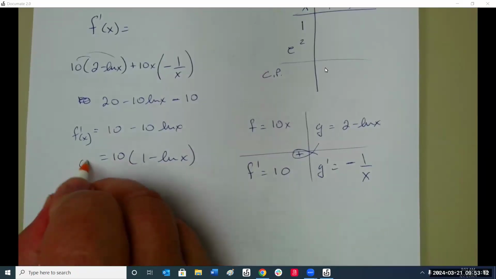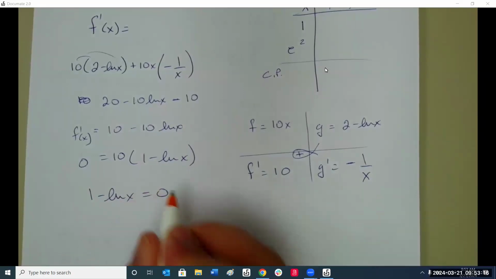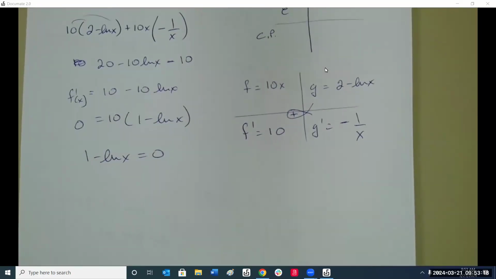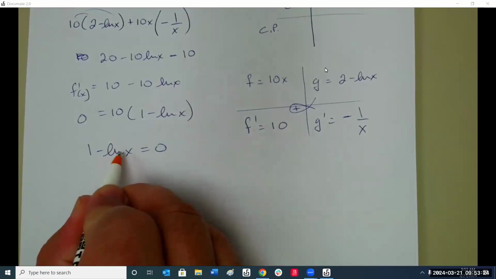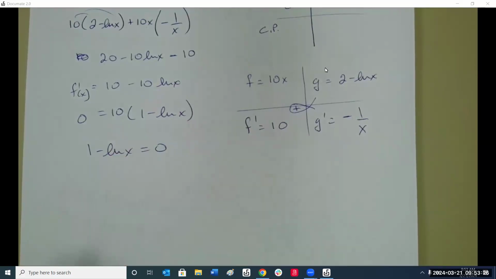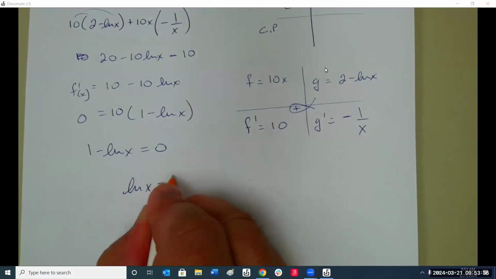Set that equal to 0. So 1 minus ln x equals 0. So where does ln x equal 1? ln x equals 1.